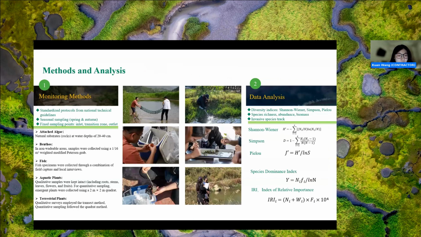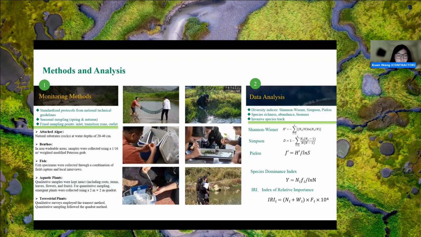Our monitoring framework follows national technical guidelines and includes seasonal sampling at fixed points: inlet, transition zone, and outlet. We use diversity indices such as Shannon-Wiener, Simpson, and Pielou, and track species richness, abundance, biomass, and invasive species.